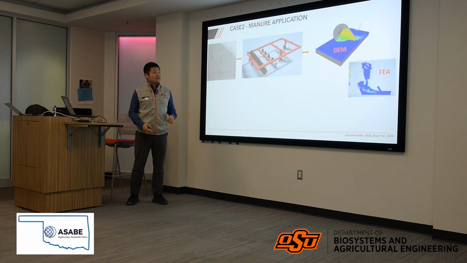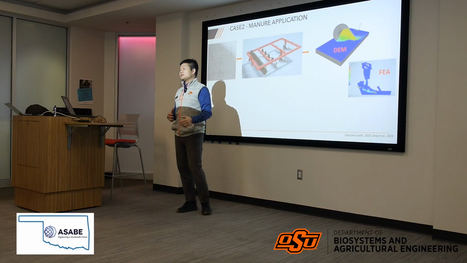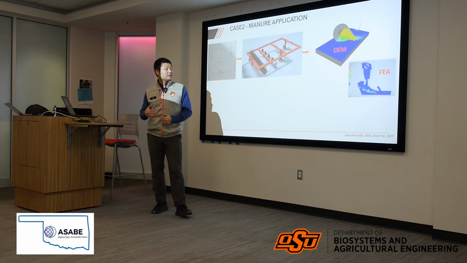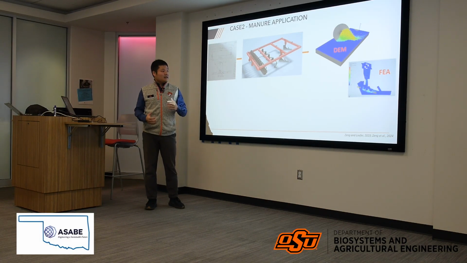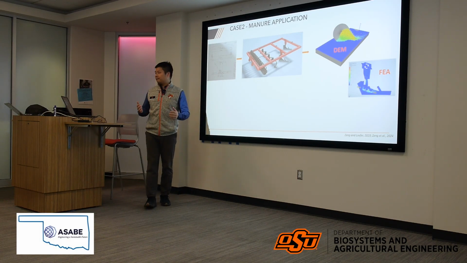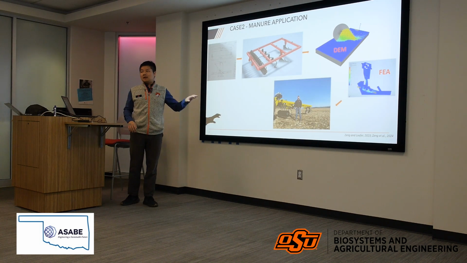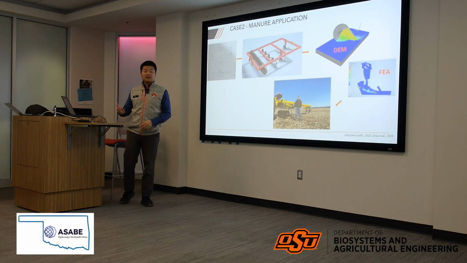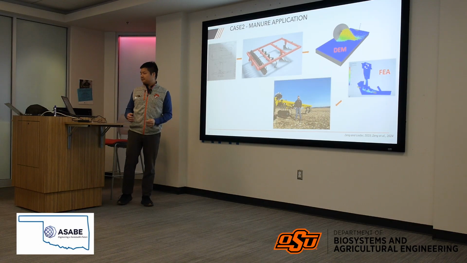So we have the discrete element method being used to predict the soil dynamics. We have the FEA, which is a very popular, conventional method of validating the strength of the machine components. And through all those, we were able to produce the first prototype of the idea with satisfactory field performance.